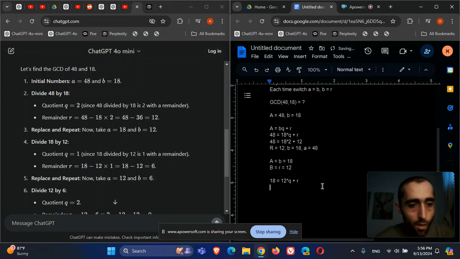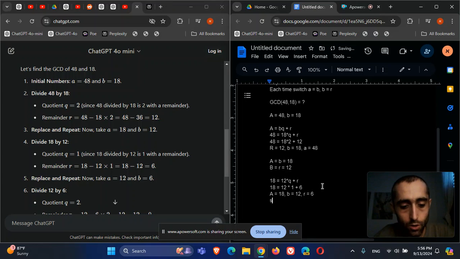Of course, 12 can be one time inside of 18, so it's 12 times 1 plus a remainder of 6. Again, we have a equals 18, b equals 12, and r equals 6.